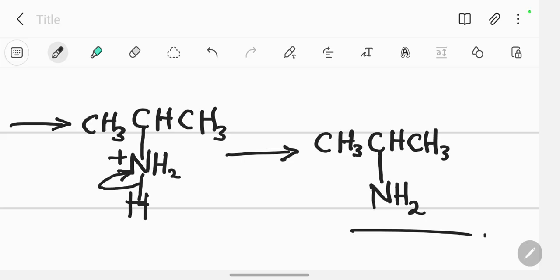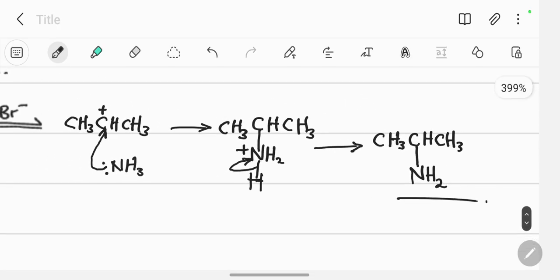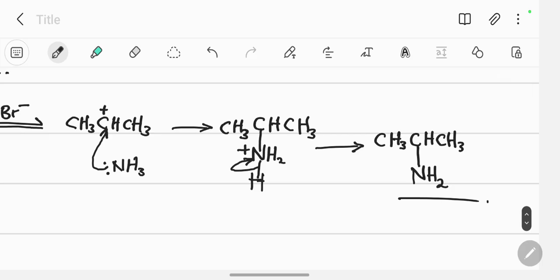So we end up with that amine there. So we shall call it 2-aminopropane. Why? The amine is at carbon atom 2. So 1, 2, 3. So it's 2-aminopropane.